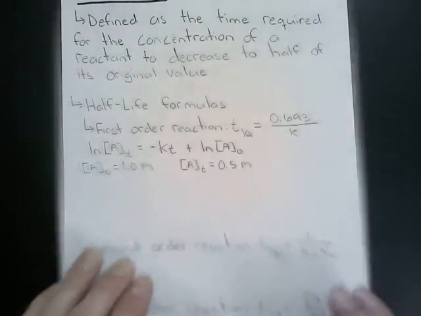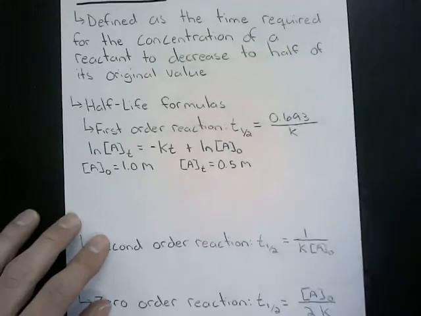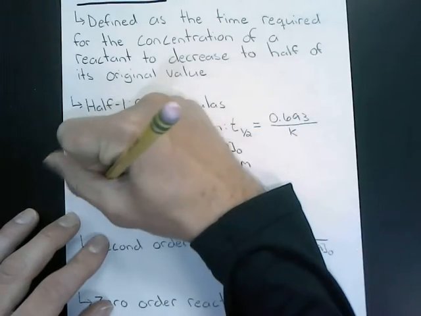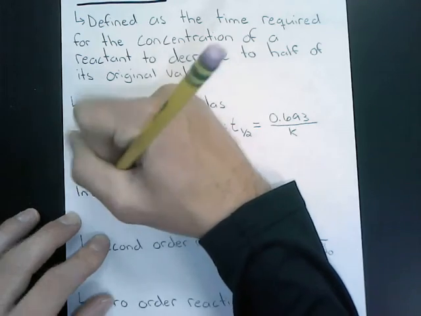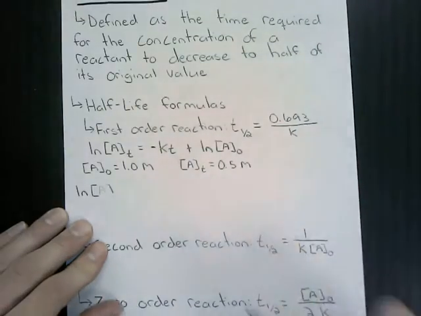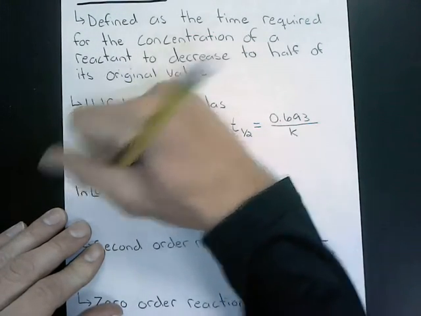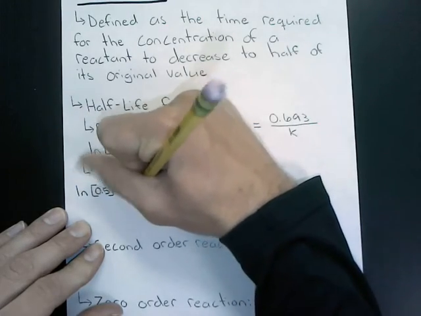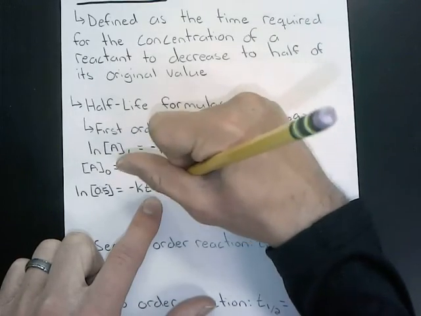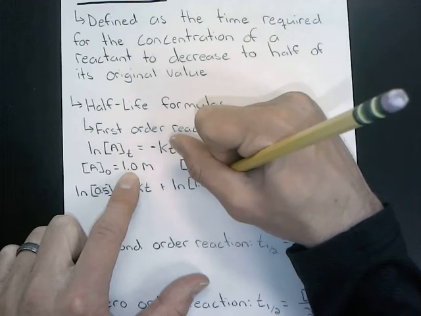So now I'm going to plug those things in, and I'm going to solve for T. So I have the natural log of A sub T, which I just told you was 0.5. So I'm going to put 0.5 in these values here. And this is equal to negative KT, which we're going to solve for T, plus the natural log of our starting concentration, which is 1.0.